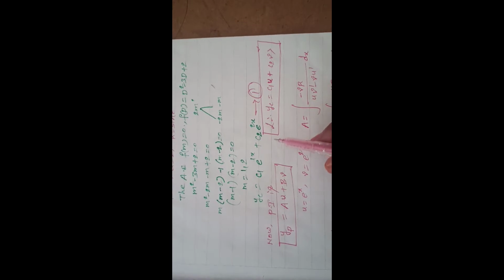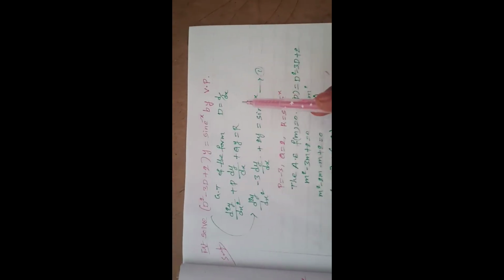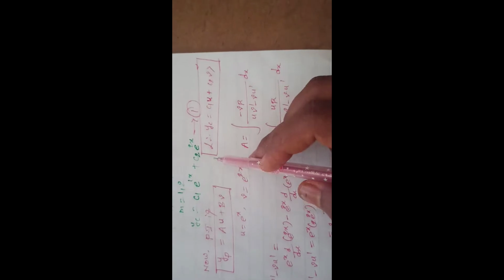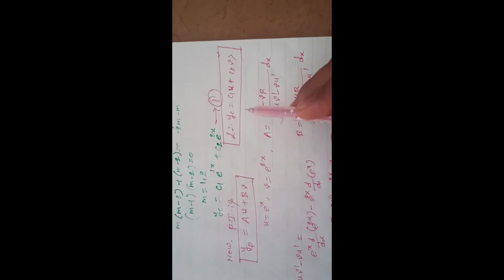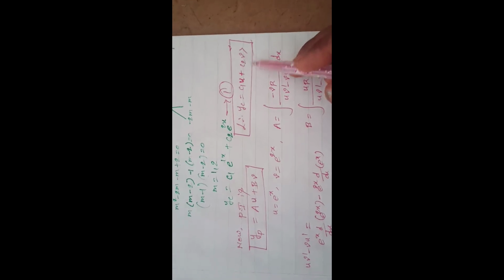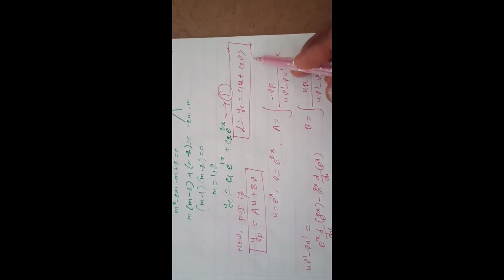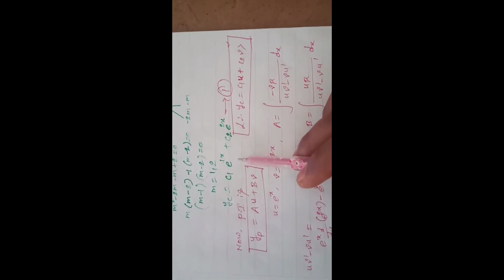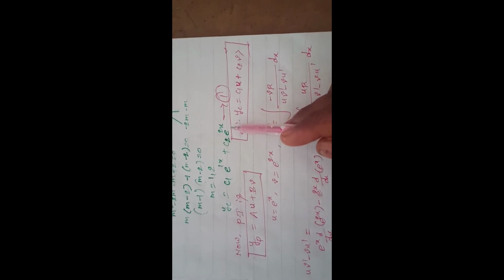When you are solving by variation of parameters, VP means variation of parameters problem, yc is equal to c1 u + c2 v. Comparing these two, we can say here u is e^x and v is e^(2x).